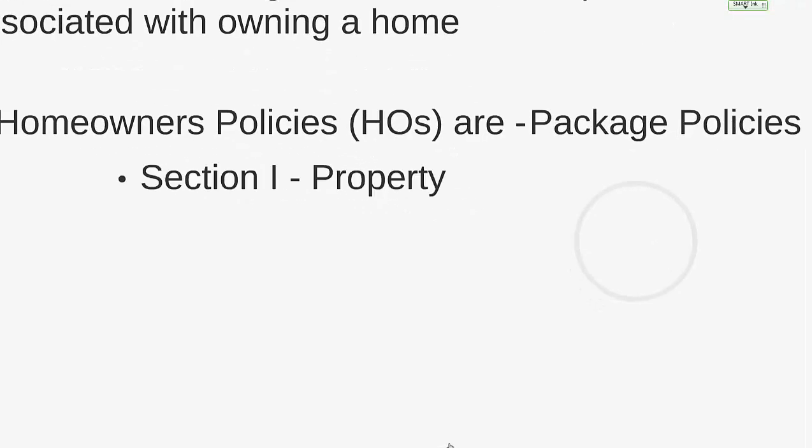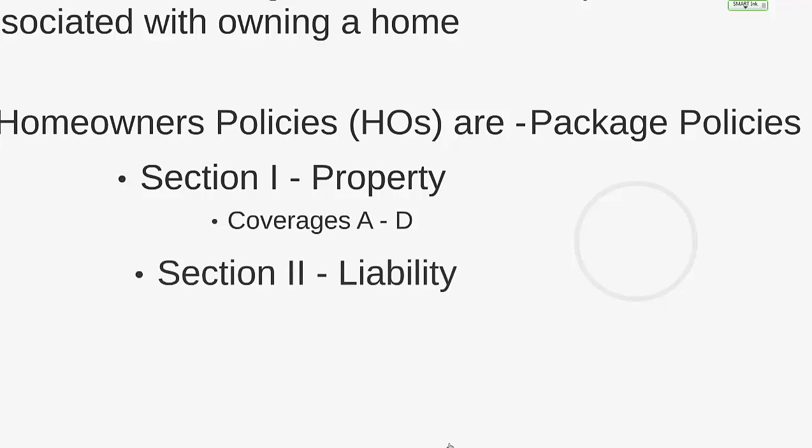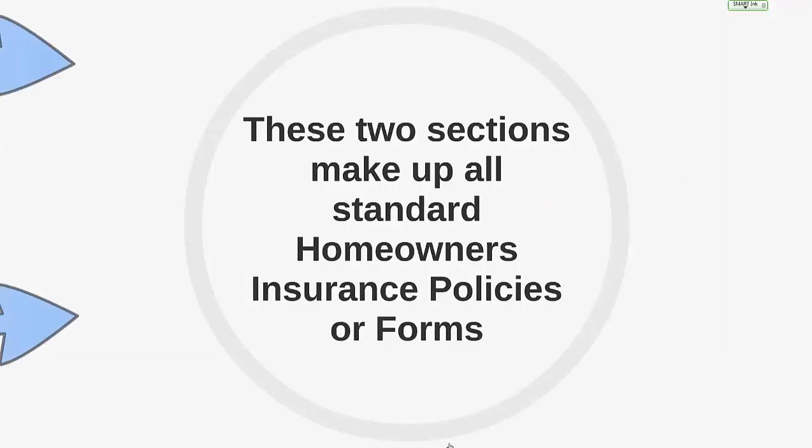They're package policies because they include both Section 1, which is the property section, and that's coverages A through D, and Section 2, which is the liability section, which is coverages E and F. We'll look in a lot of detail at each one of those coverages as we go through this lecture. But first, these two sections make up all standard homeowners insurance policies, or forms.